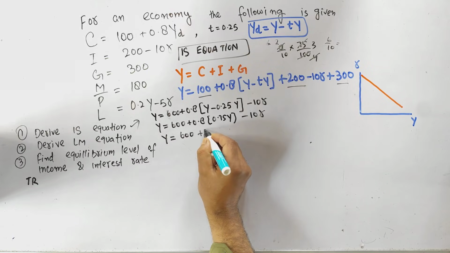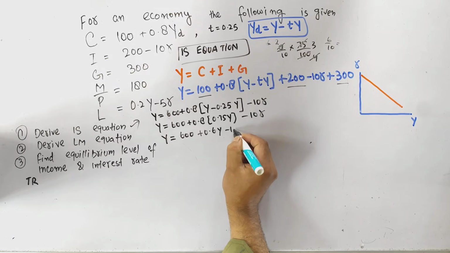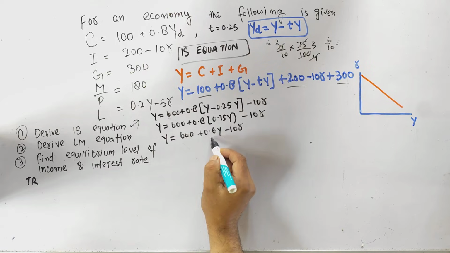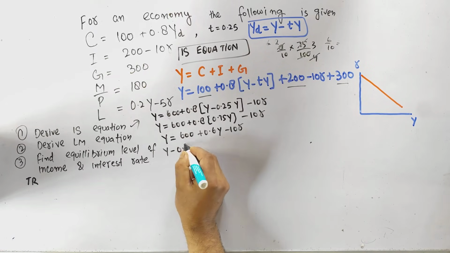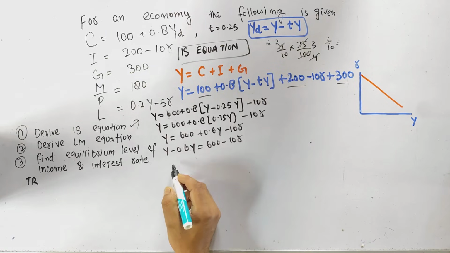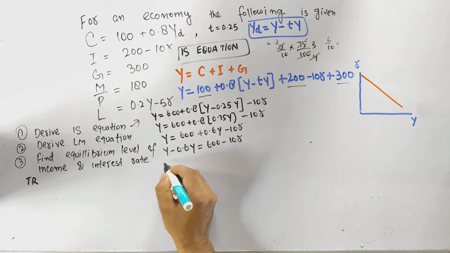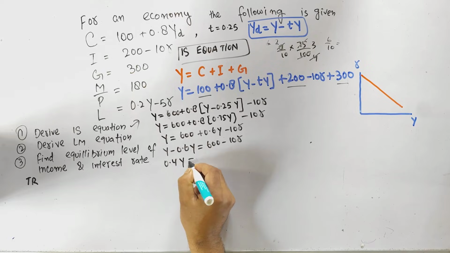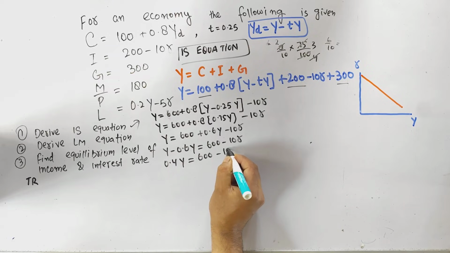So we can write plus 0.6Y minus 10R. Transposing this term, we get Y minus 0.6Y equal to 600 minus 10R, or subtracting 0.6Y from Y, we get 0.4Y equal to 600 minus 10R.